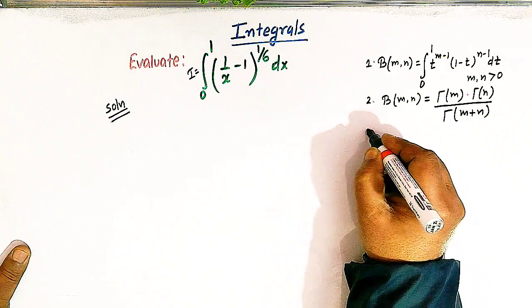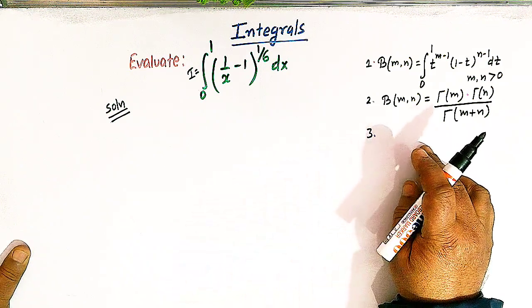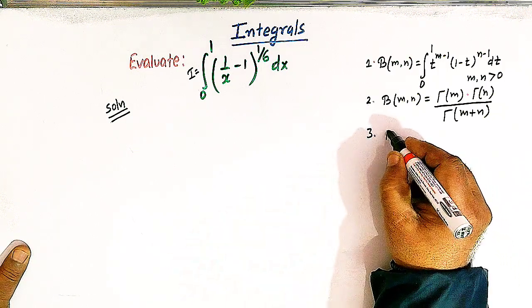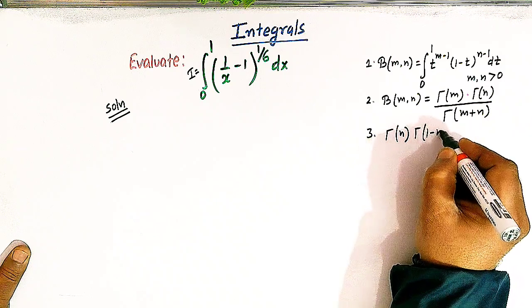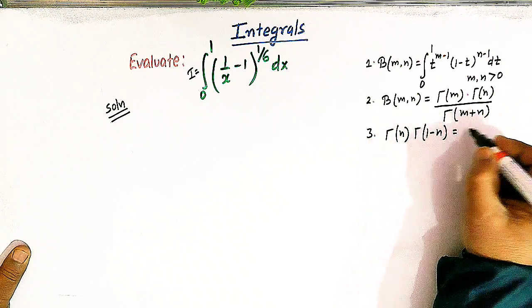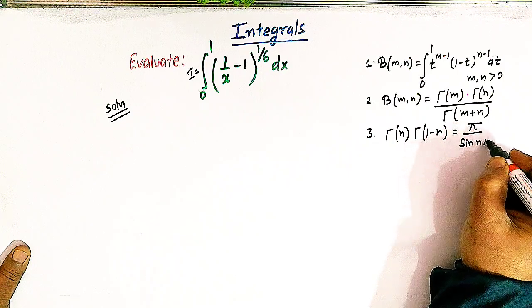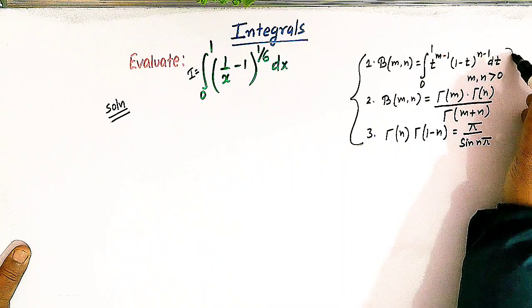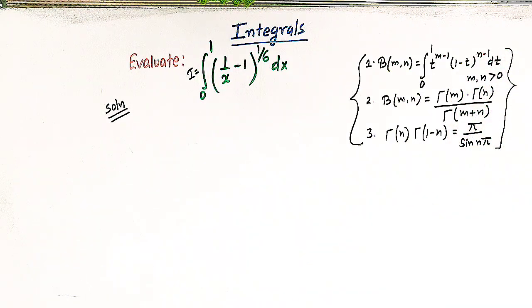And the third, the most important result, is also known as Euler's reflection formula. The formula says that gamma of n times gamma of 1 minus n is given by pi over sine n pi. These three important results will be used to evaluate this definite integral.